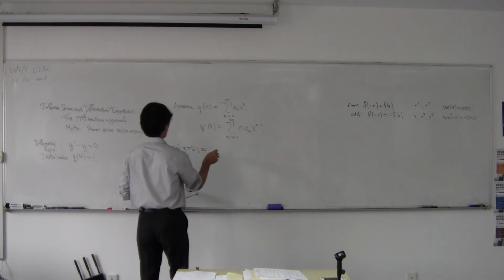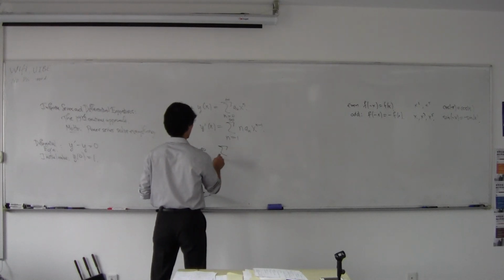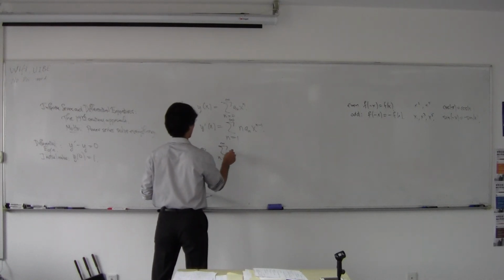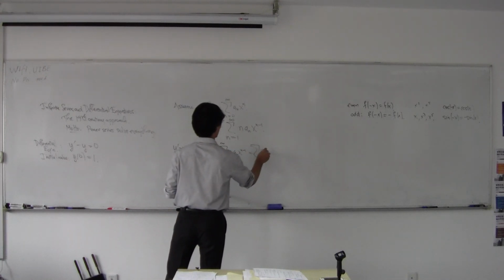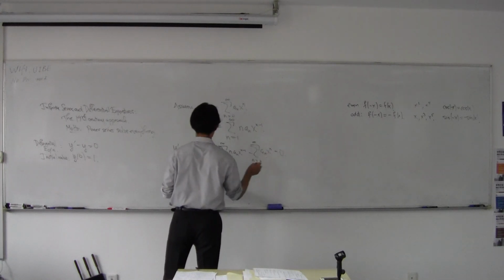So that tells me that the sum from n equals 1 to infinity of n a sub n x to the n minus 1, minus the sum of a sub n x to the n from n equals 0 to infinity, equals 0.